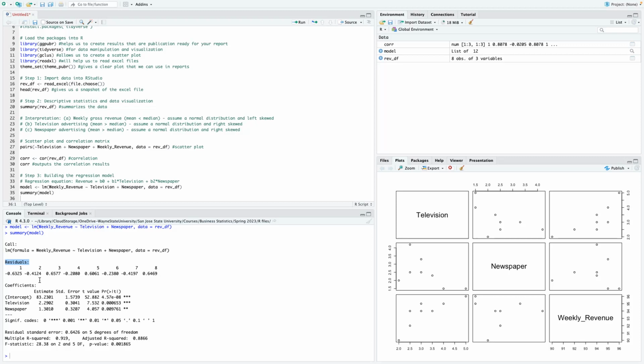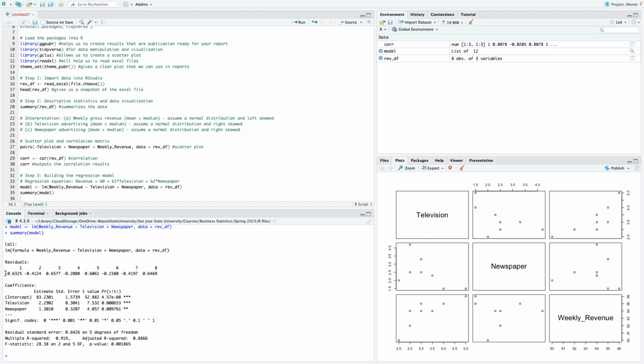So if you remember, we have 8 data points, right? So 1, 2, 3, all the way to 8 is the number of data points we have. And we can see what is remaining when we subtract the predicted values from the actual values, right?